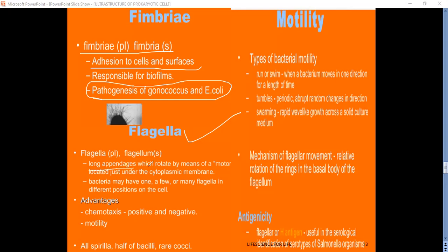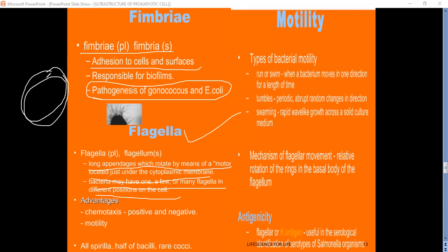They are long appendages which rotate by means of a motor located just under the cytoplasmic membrane. Bacteria may have one, a few, or many flagella in different positions on the cell. If this is the bacterial cell wall and this is the cell membrane, the flagella arise from the cell membrane. These are the important appendages that help in the movement of the bacteria.